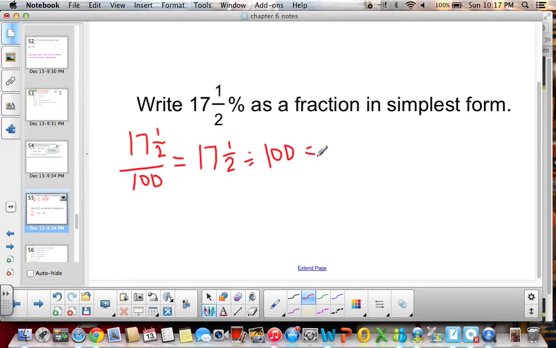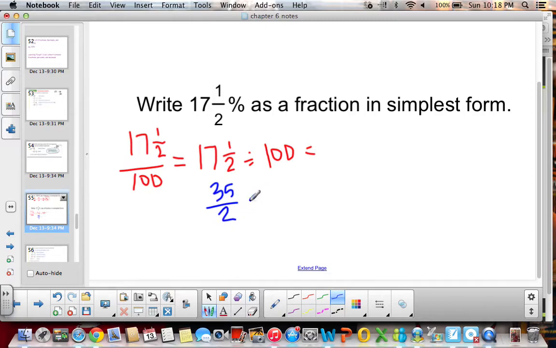Now I'm going to change my mixed number into an improper fraction. So I'm going to rewrite it down here. So 2 times 17 is 34, plus 1 is 35 halves.